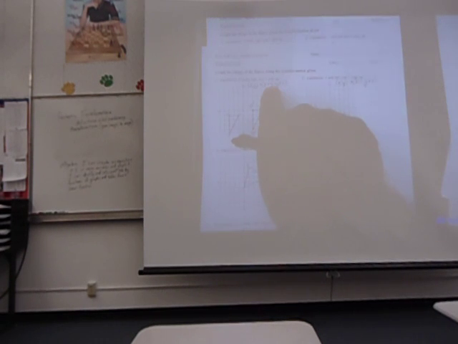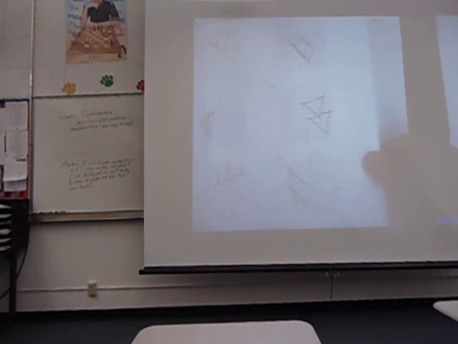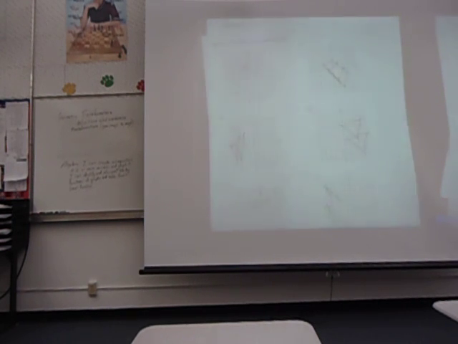So make sure you know that. Questions on this? It's not a difficult assignment, but it's important to do so that we are familiar with what a translation is. Okay? Any last minute questions?